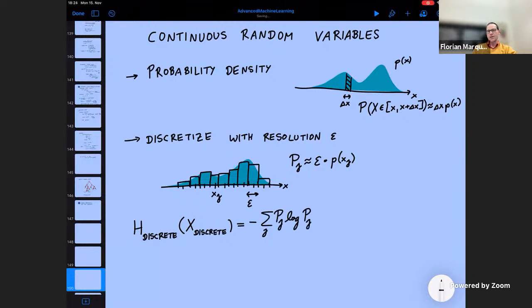And now I can insert the definition I have up here. So it's epsilon times the probability density. And that's quite interesting, because if I now write it explicitly, I will see two interesting things.